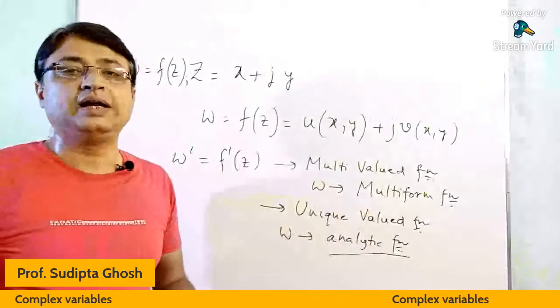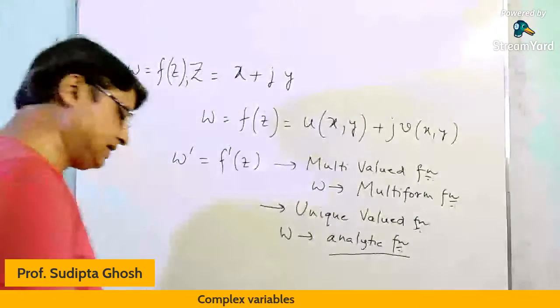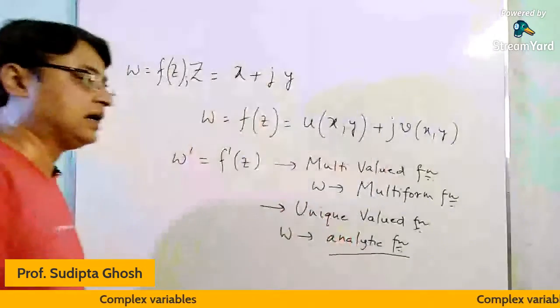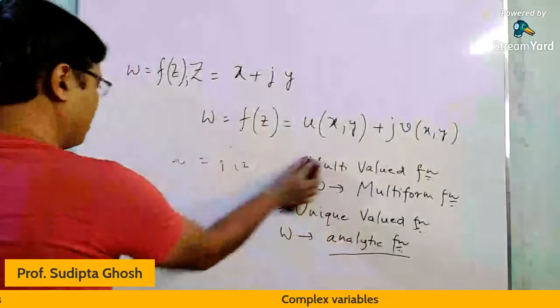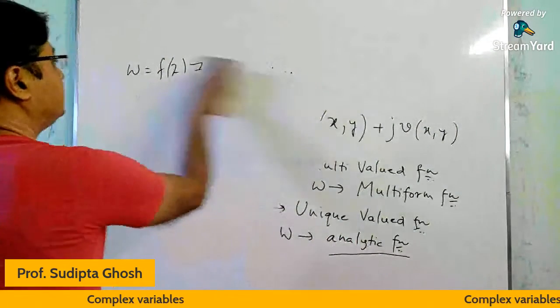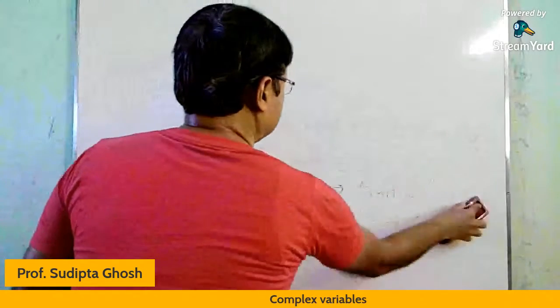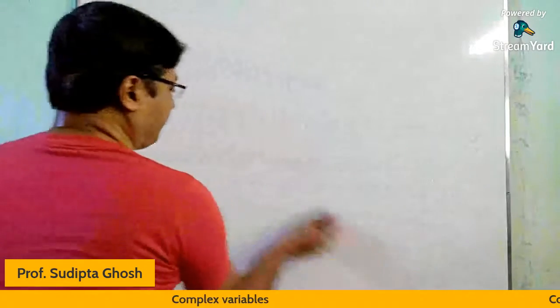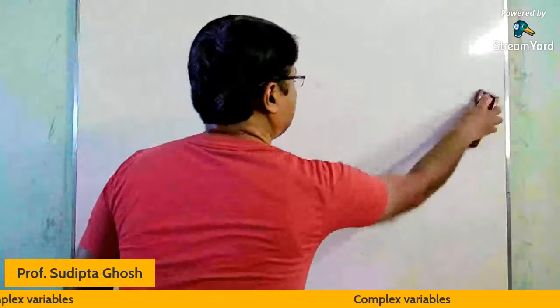Okay, now let's discuss some properties of an analytic function, or rather conditions of analyticity of a function of a complex variable. So now let us discuss the conditions that must be fulfilled by a function to be an analytic one.